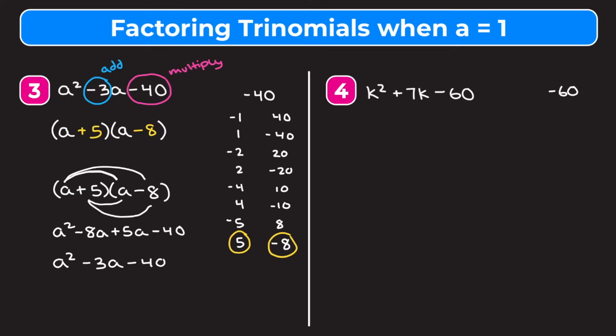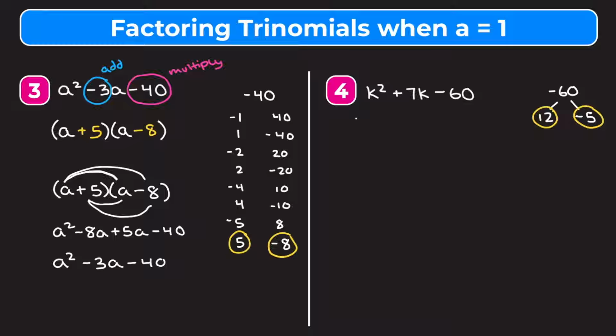So take a second and think about that, and then I'll show you guys the answer. So we know that 12 times 5 is 60, so 12 times negative 5 is negative 60. And when you combine those together, 12 plus negative 5, you get a positive 7. So we know that those are our two factors.